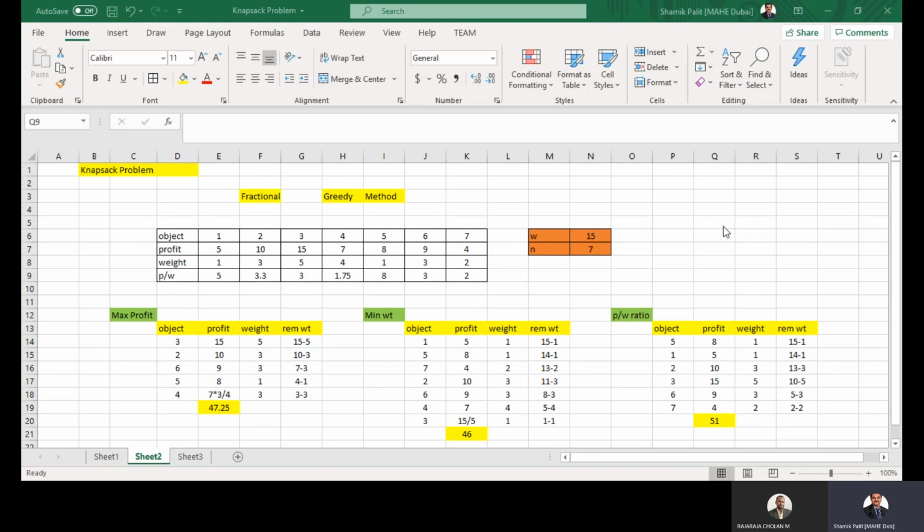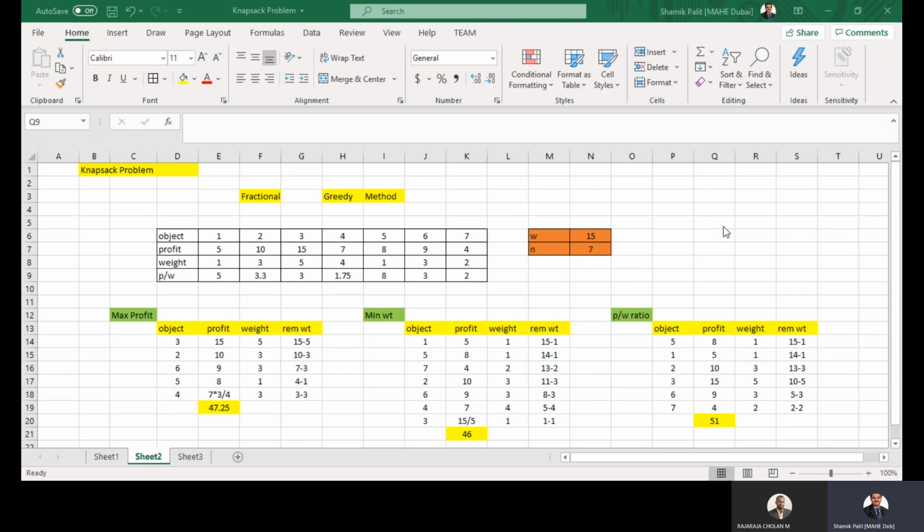A greedy method always gives an optimal solution for any specific problem. In this knapsack problem, we can pick a part of the weight, not necessarily that you have to pick the entire weight or just leave it. So you can pick a part of the weight in this problem.